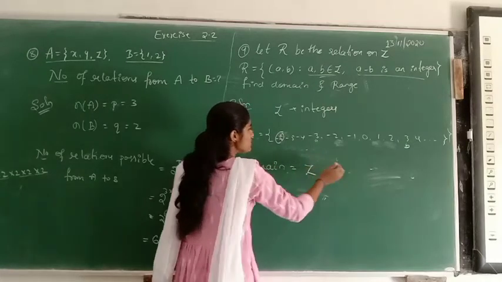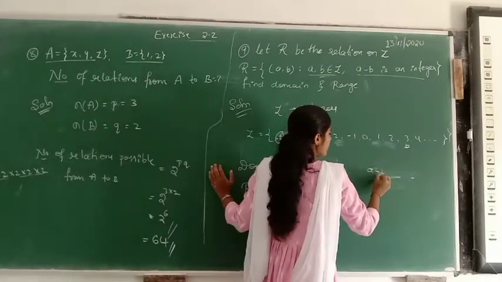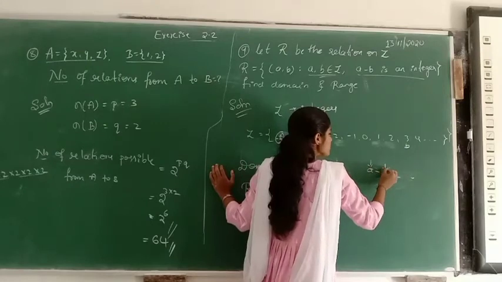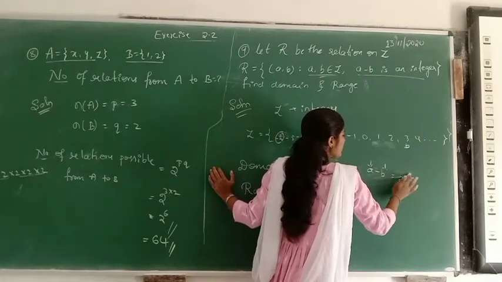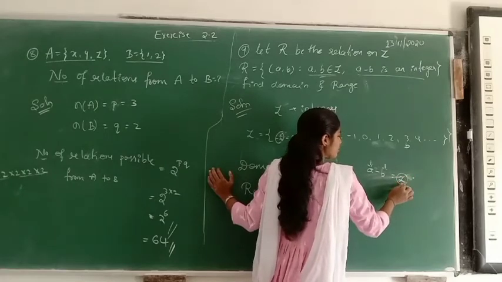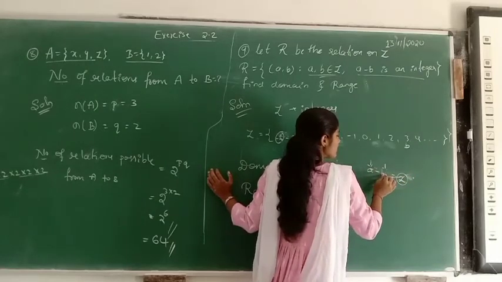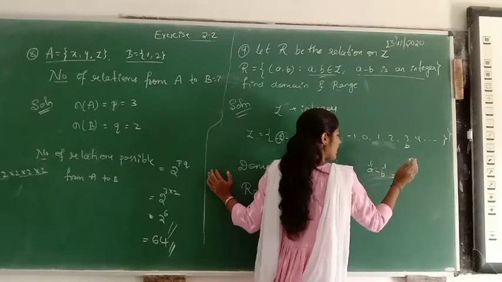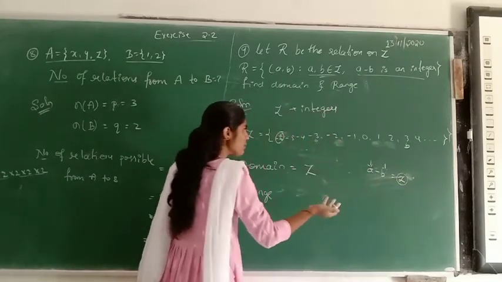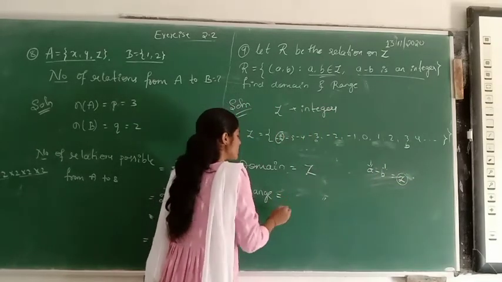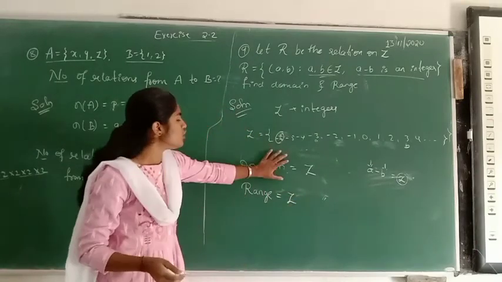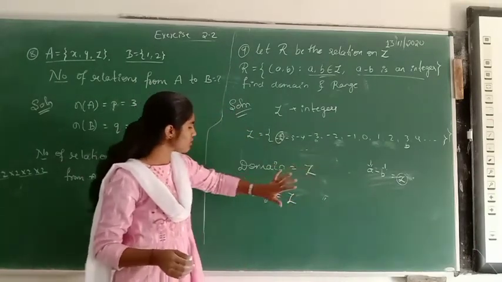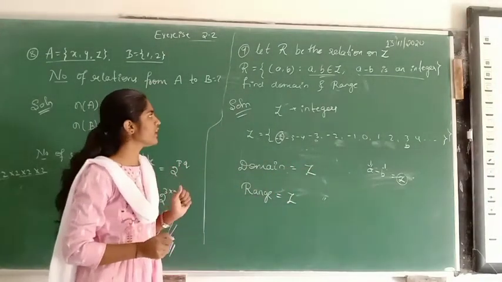Range ಅಂದ್ರೆ ಏನು ಬರ್ತೈತಿ? A minus B, if you subtract two integers, we get again an integer. ಅದು ಪ್ಲಸ್ ಆಗಿರಬಹುದು ಅಥವಾ ಮೈನಸ್ ಆಗಿರಬಹುದು. So the output is an integer, so the range is the set of all the integers. The domain is the set of all the integers and the range is also the set of all the integers.